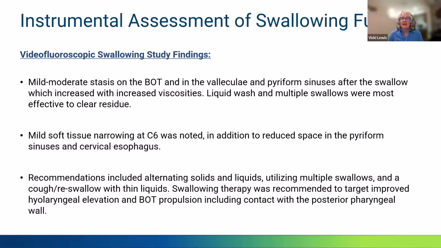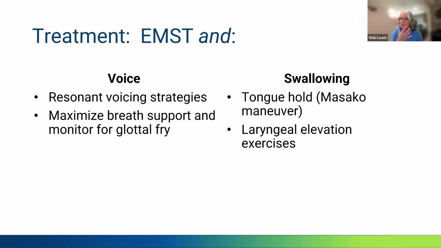It was recommended that he could continue on his current diet, but alternate solids and liquids and utilize multiple swallows and a cough re-swallow with thin liquids. Dysphagia therapy was recommended, which we initiated, along with some voice therapy as well.